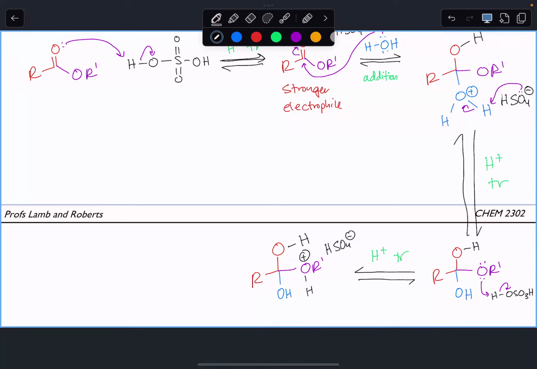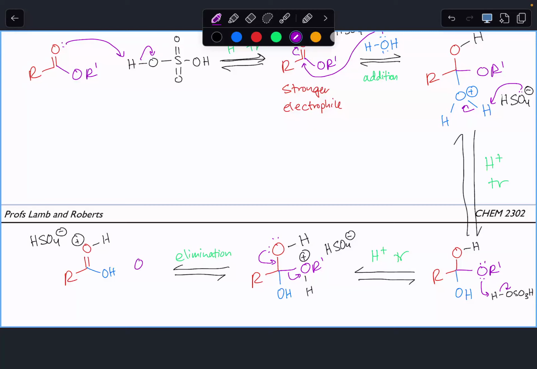We've made a stronger leaving group, so it's easier to leave. Now we're ready to do our elimination step. The red oxygen pushes down, the leaving group leaves, and we've generated our byproduct, which is this alcohol.